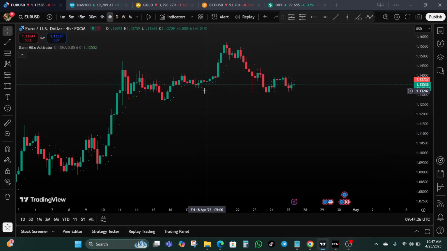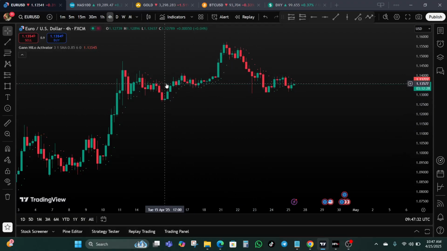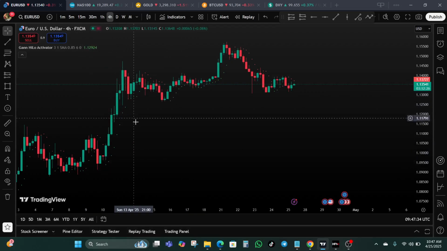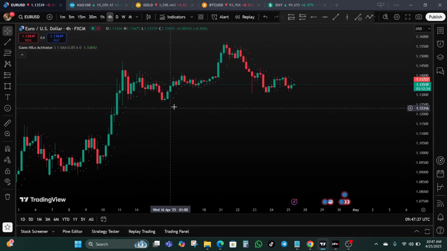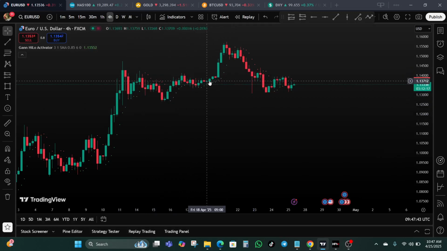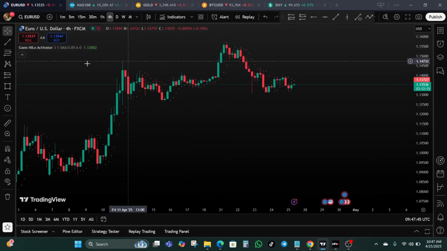The Gann HiLo Activator is a trend following indicator, as you can see, and it plots dots based on recent highs and lows combined, giving you direction as to the prevailing momentum in the market.